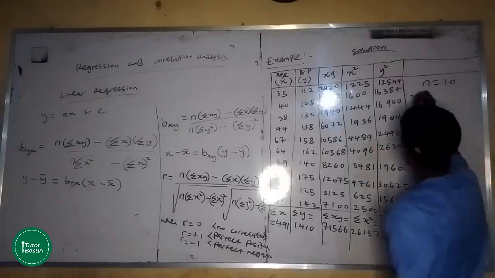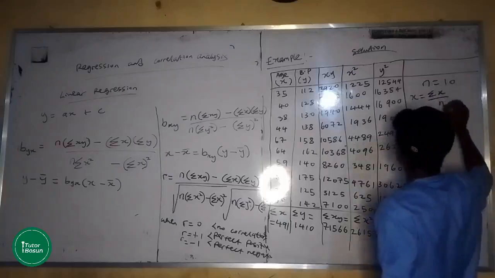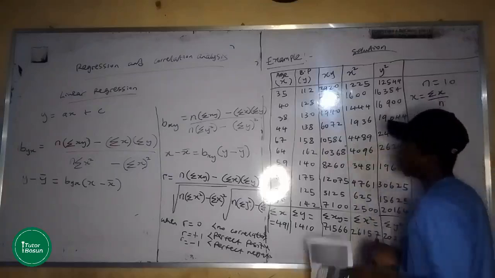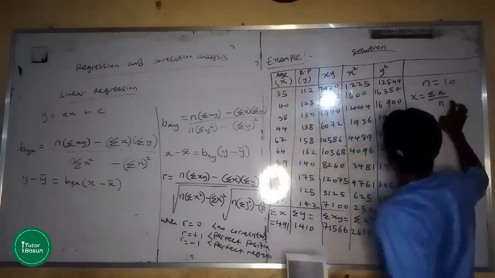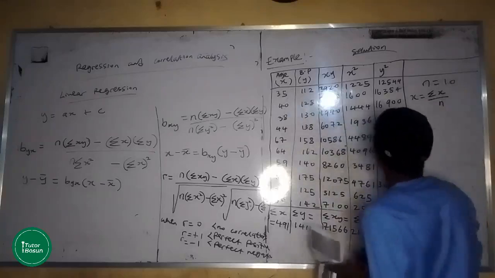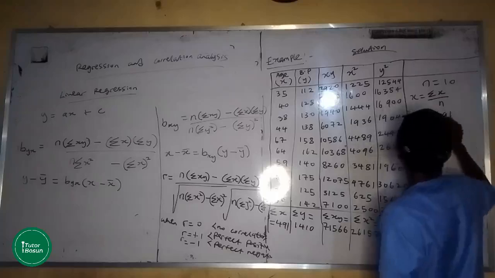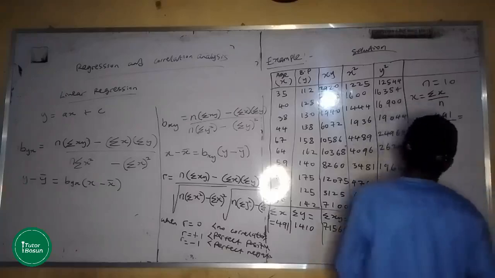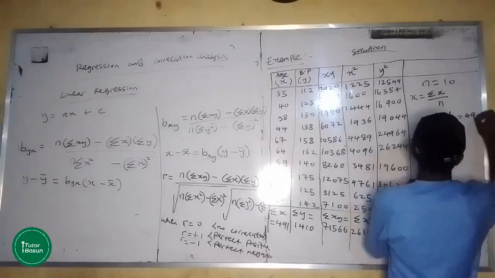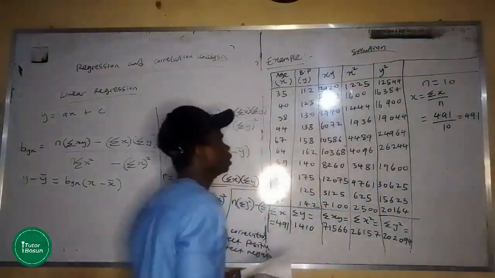So our x bar will definitely be summation x divided by n. Our n is 10. Our summation x is 491 divided by 10, now it's 49.1.